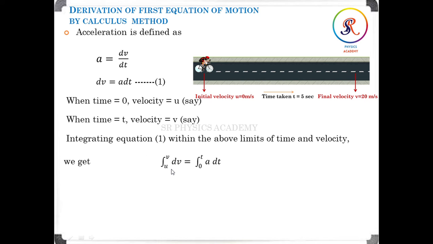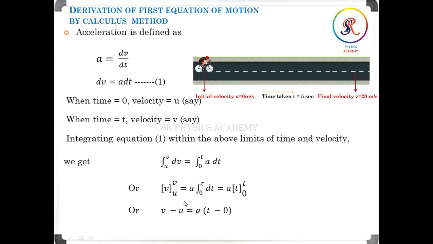I have just taken a general case: initial velocity, final velocity, and time from 0 to t. General formula. So we integrate dv and get v, from u to final velocity v, and the a will come out, and integrating dt we get t only, with the time limits 0 to t.